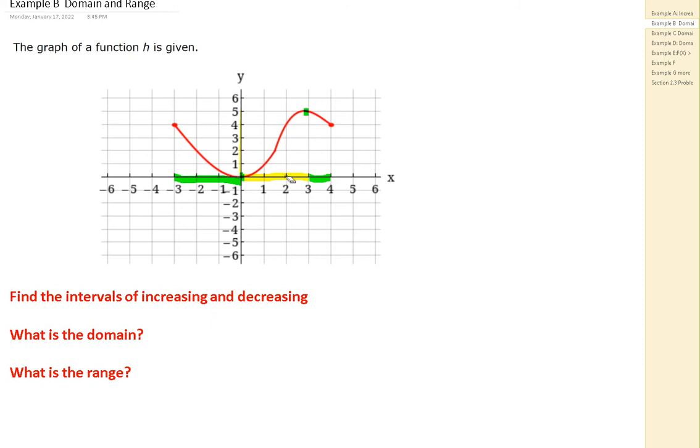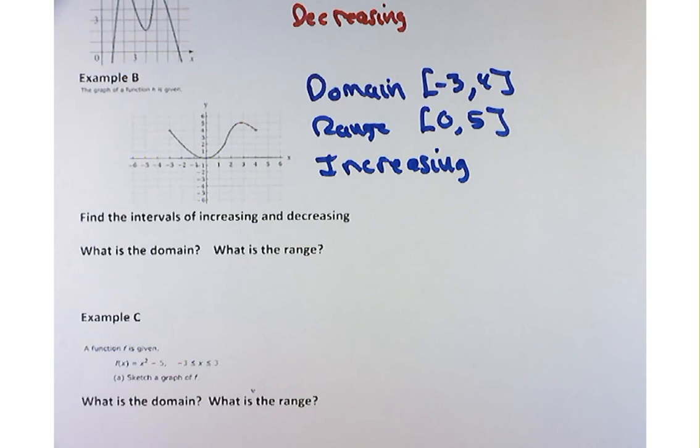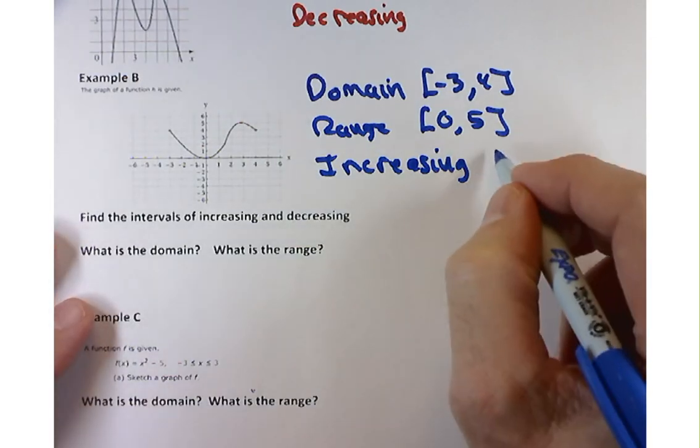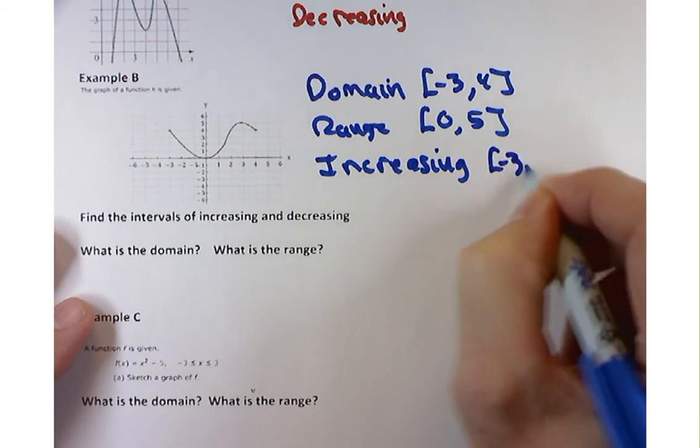And then it starts increasing from, I'll let you look at that for a second. But as far as decreasing, because we've got a nice solid dot at this point, we're going to use a bracket. Now this is something that I would change if I was the authors of WebAssign, but I'm not. So it's going to decrease from negative 3 to 0.